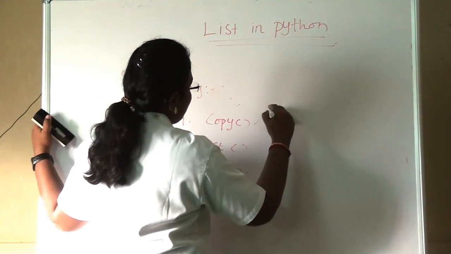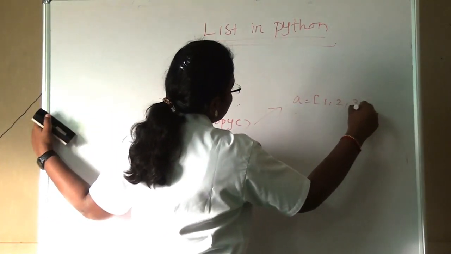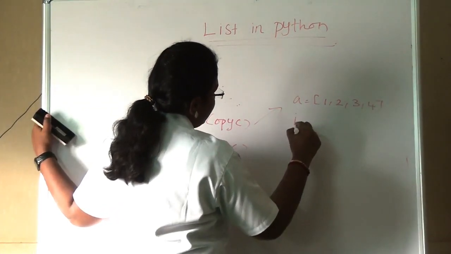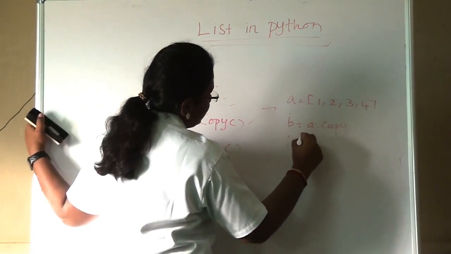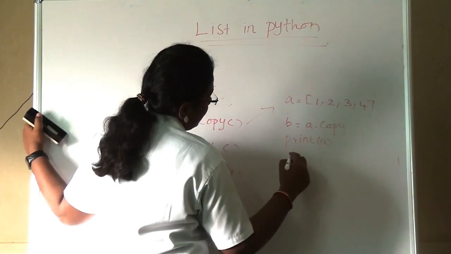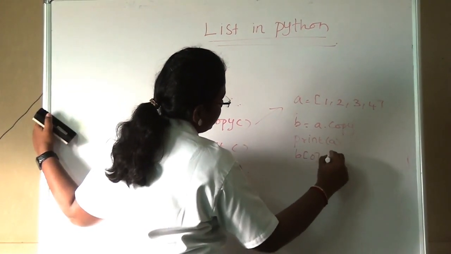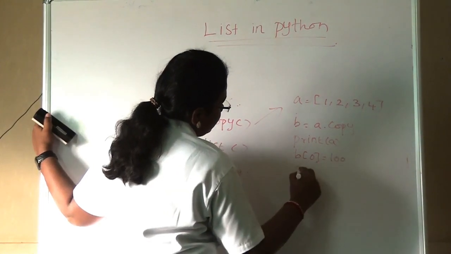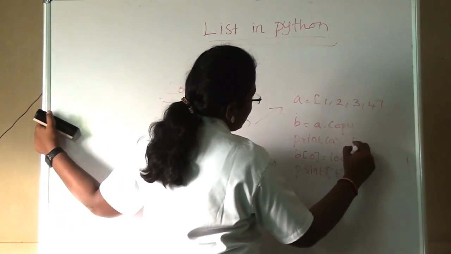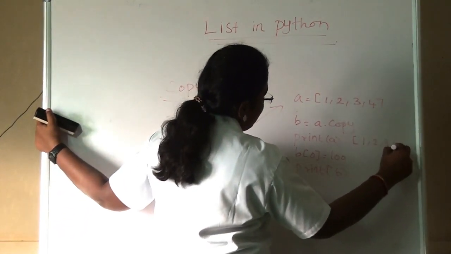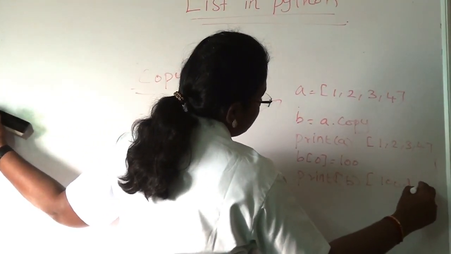For example, for copy: A equals 1, 2, 3, 4. Then B equals A dot copy. If I want to print A, and then make a change in B, B of 0 equals 100, print of B. The answer for A is 1, 2, 3, 4 and the answer for B is 100, 2, 3, 4.